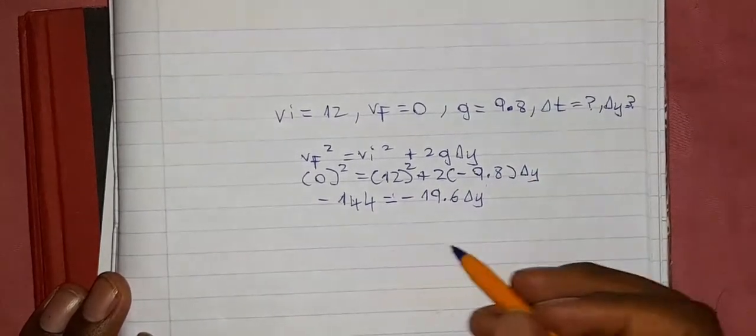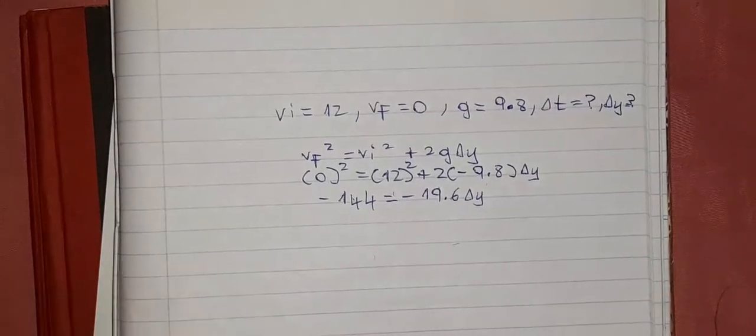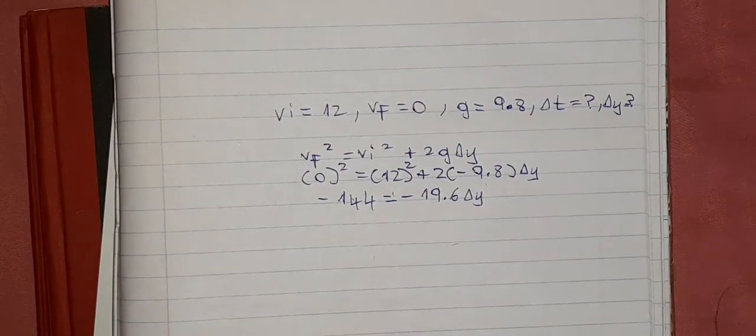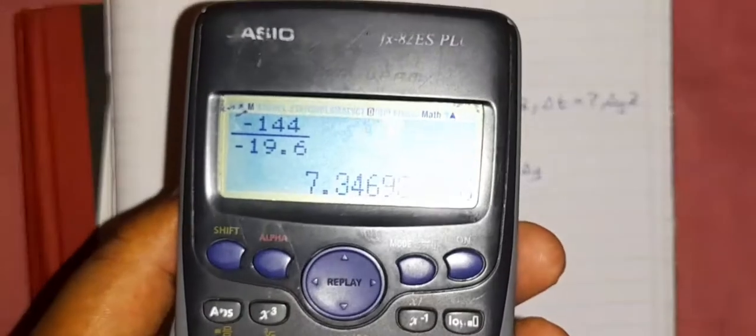So we can divide both sides by minus 19.6. It's minus 144 over minus 19.6. I get a value of 7.35.